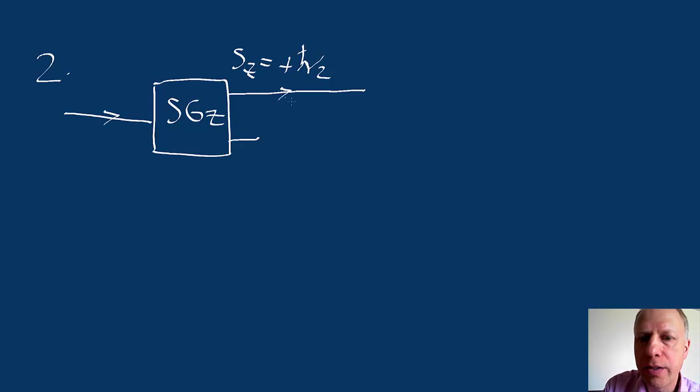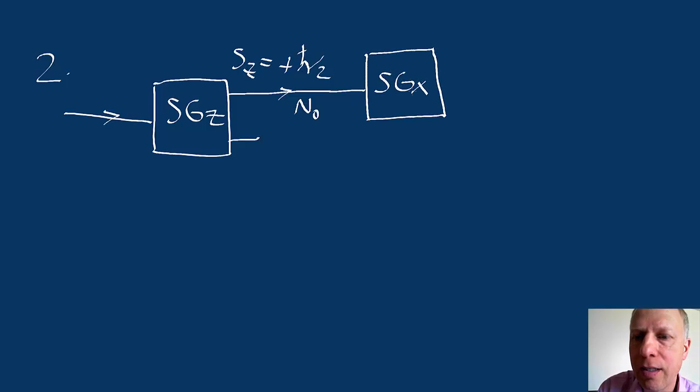Let's say there are n0 atoms coming through that part of the experiment. Now I'm going to run them into the input of an SGX device. It's the same as an SGZ device, only rotated 90 degrees, so that the inhomogeneous magnetic field points in the x direction, and the device measures the x component of the spin of the atoms that come into it.